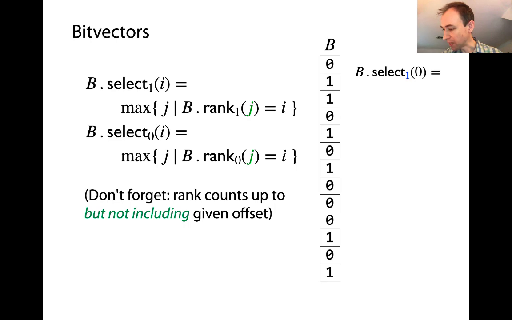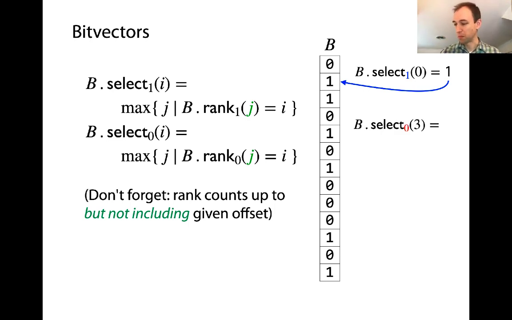After 1, it becomes higher than 0. So again, like we said, maybe it's better to use the shorthand version. The shorthand is just that b.select sub1 of 0 is saying, please give me the offset of the 0th 1 bit, which is 1. We'll use that shorthand definition for the next couple of examples.